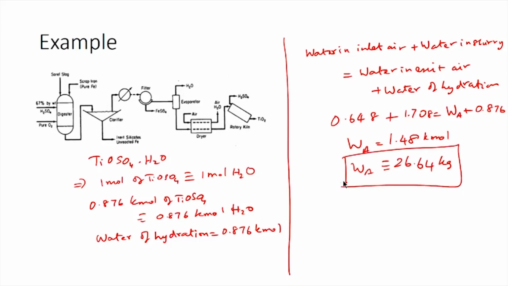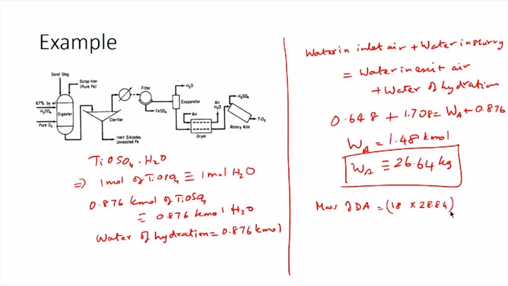Now that we know 26.64 kilograms of water is leaving with the air, we still need to calculate the kilograms of water per kilogram of dry air which is leaving the system. So, we know 18 kilomoles of dry air is fed. That means the mass of dry air fed would be 18 kilomoles times the molecular weight of dry air, which is 28.84 if we assume 79% nitrogen and 21% oxygen.